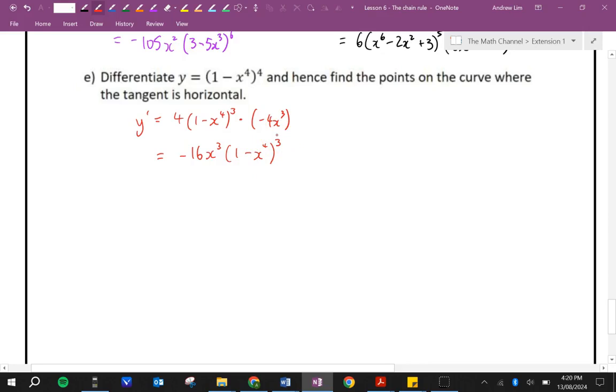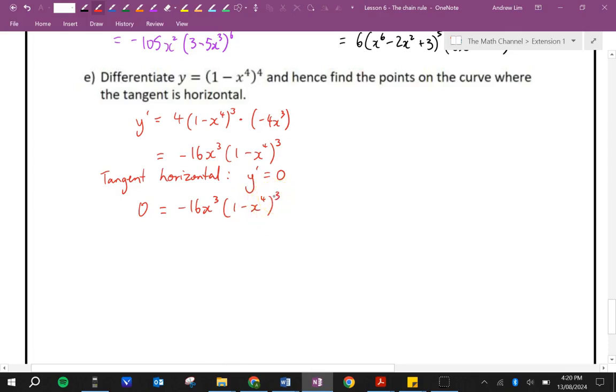Now, hence find the points on the curve where the tangent is horizontal. So this is my gradient function. So I could say tangent horizontal when y dash is equal to 0. So 0 will equal negative 16x cubed times 1 minus x to the power 4 cubed.